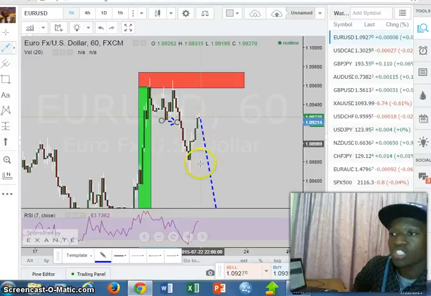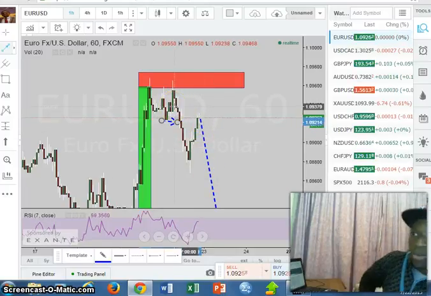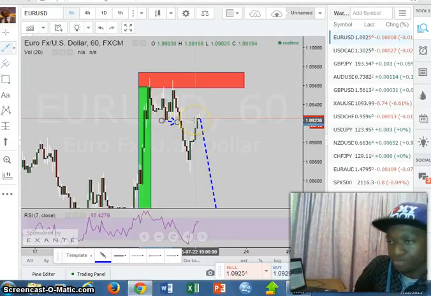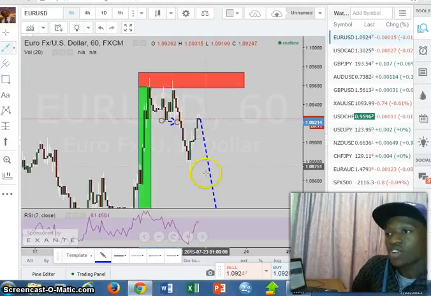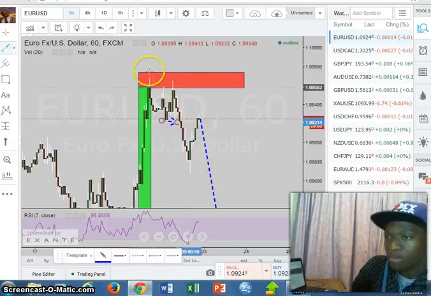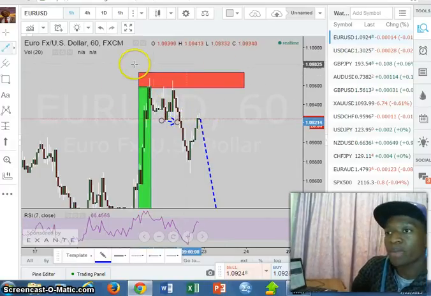They are looking to short right here as well. Sellers are looking at this zone, but the most significant zone for me is this zone up here, because it has been tested a number of times and it has held.